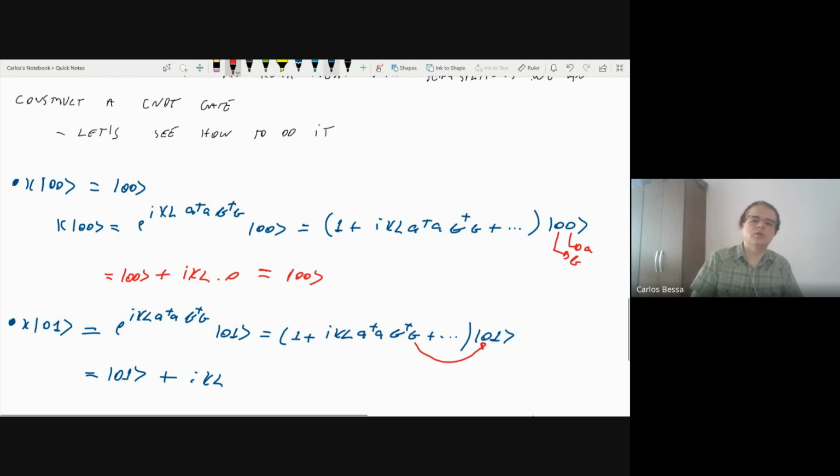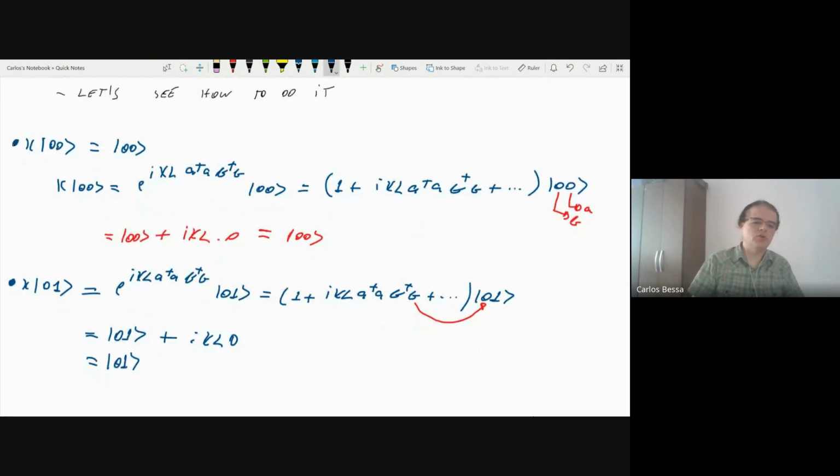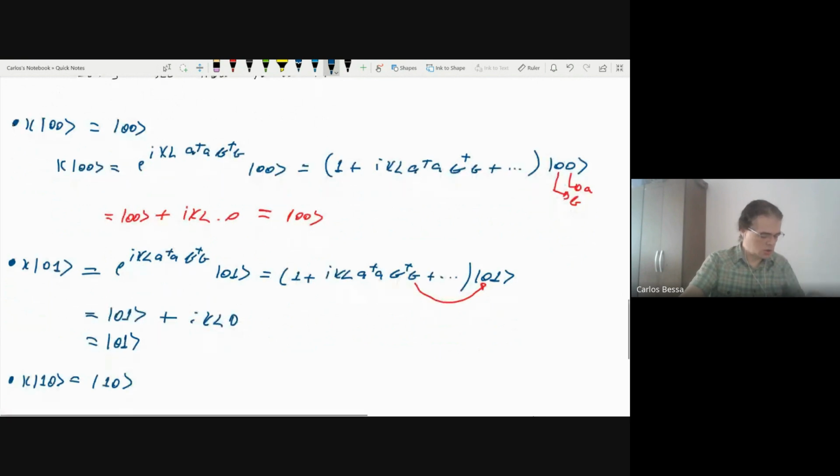So when I have only one photon coming from one of the modes, it doesn't change anything. It's the same. And you can prove this if you use K applied to 1, 0. This will also do the same thing. We see that this is 1, 0, and doesn't change anything.